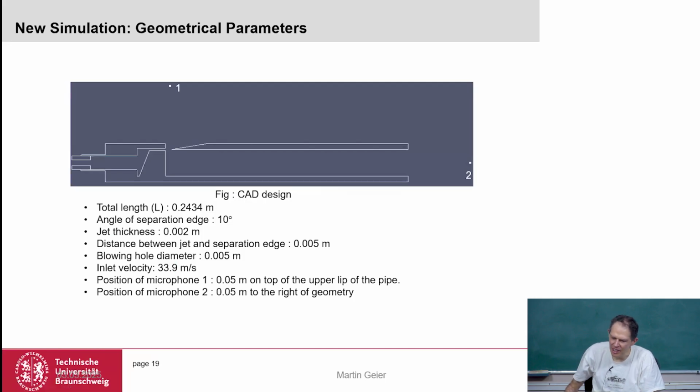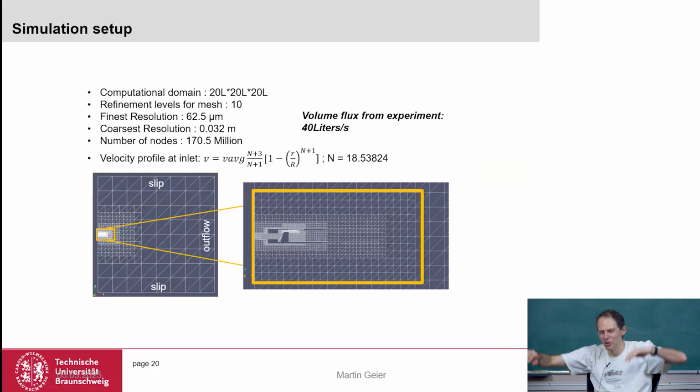This is a multi-scale problem, because you have to resolve the tip of this edge. How sharp the edge is is very important. And you want to hear the sound in the room, so you have to get this to the room.